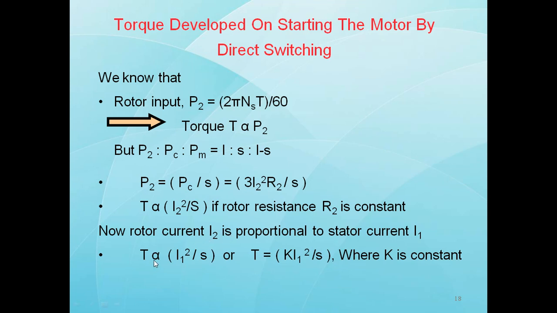So T is proportional to I1 square by S. If we remove the proportionality, T is equal to K into I1 square by S, where K is the proportionality constant.